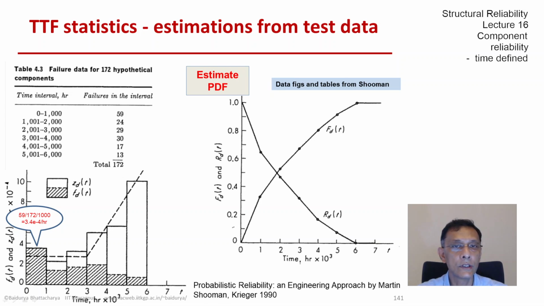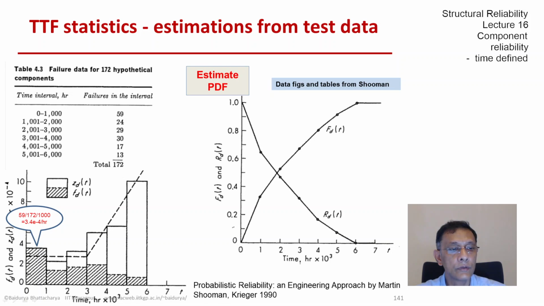So let's now make sure that we are able to reproduce the PDF values from this data set. So the first one, let's apply the formula carefully. 59 failures happened in the first interval of 1000 hours out of 172. So we are basically differentiating the CDF numerically. So that's 59 over 172 over 1000 hours.